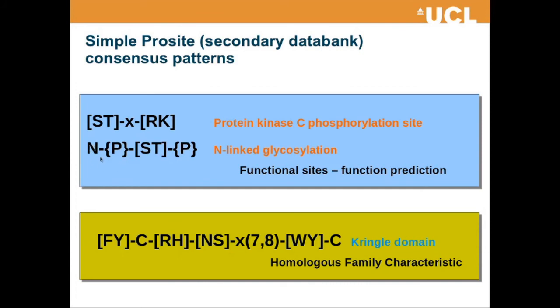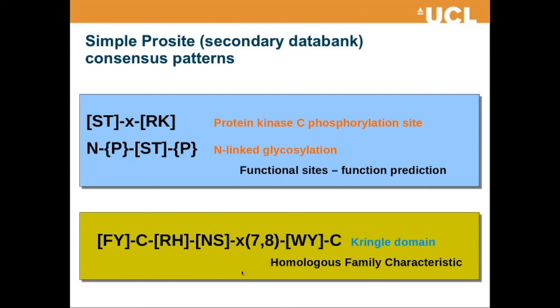So this is asparagine, not proline, serine or threonine, not proline. And this is characteristic of an N-linked glycosylation site. So a sugar group is added onto the asparagine. Now, these sites are not sufficient to tell you this is definitely an N-linked glycosylation site, but every N-linked glycosylation site will have this pattern.